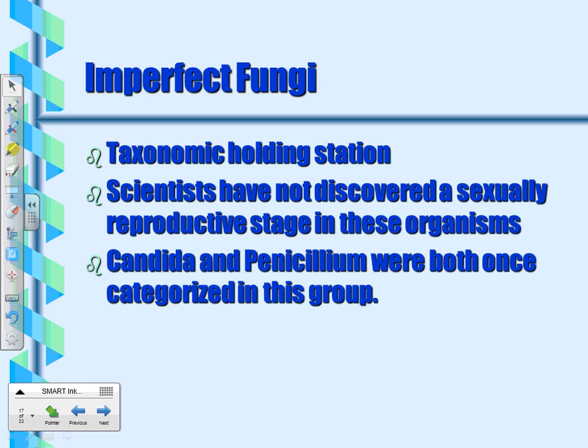When scientists couldn't figure out where something goes, they call them protists. That's sort of how this group works. When they know it's a fungus, but they don't really know anything about it, they first usually stick it in this group. That's why it says it's a taxonomic holding station. It's sort of the junk drawer of the fungal kingdom. If they don't really understand it, they put it in this group first.